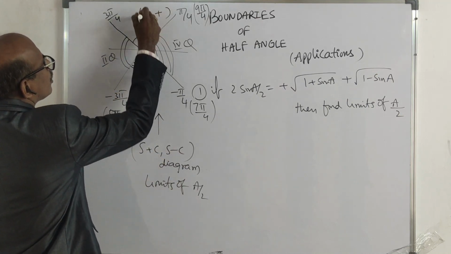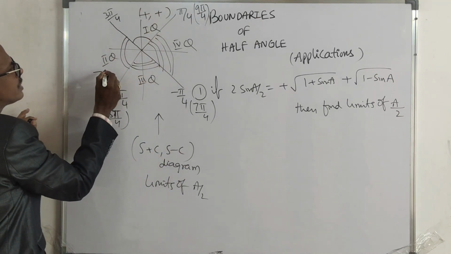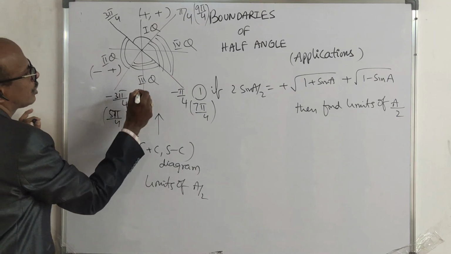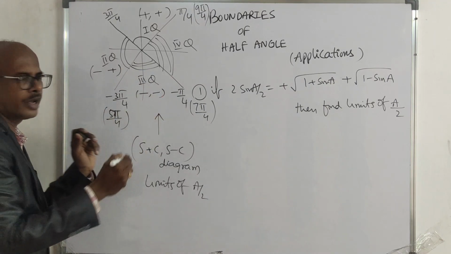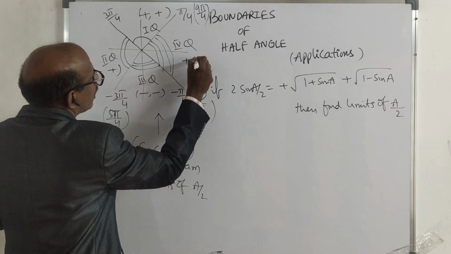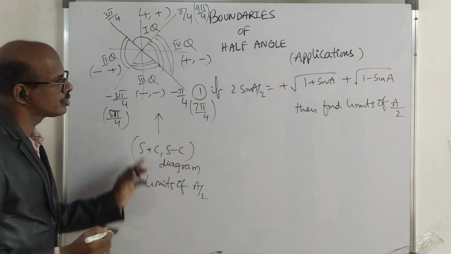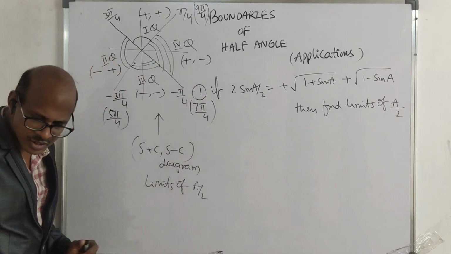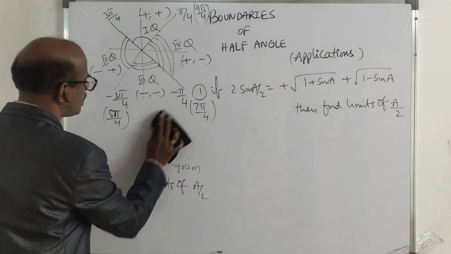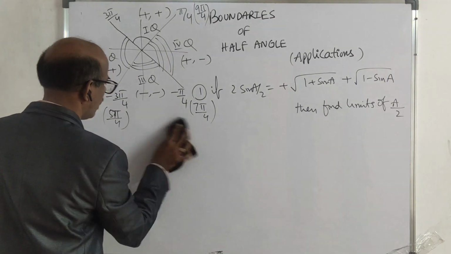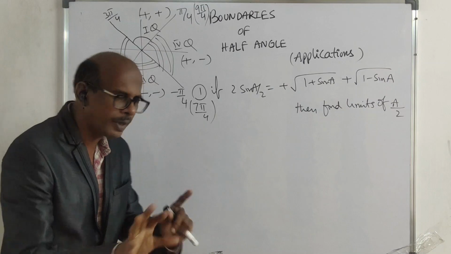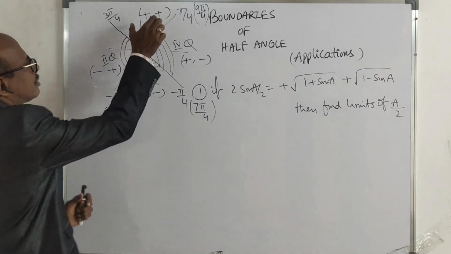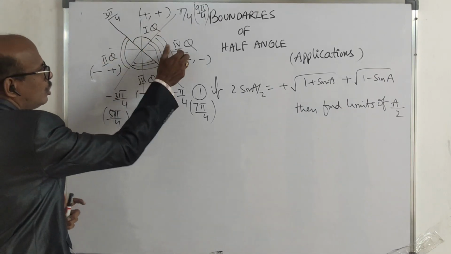First quadrant is positive, second quadrant is negative, new third quadrant is negative, new fourth quadrant is positive, negative. With this diagram, there are many more objective questions in our JEE calculations, so be cautious. New first, new second, new third, new fourth.